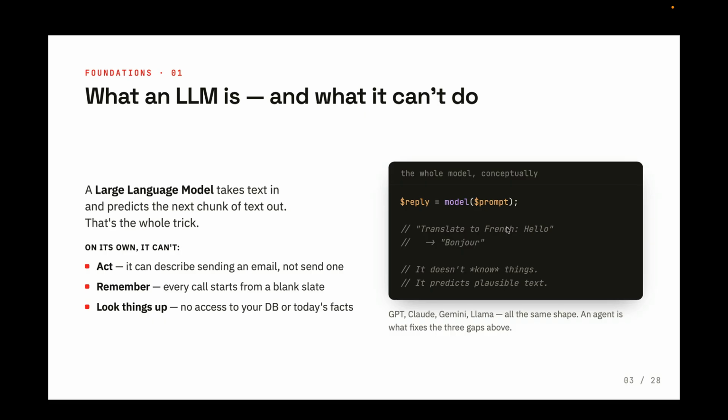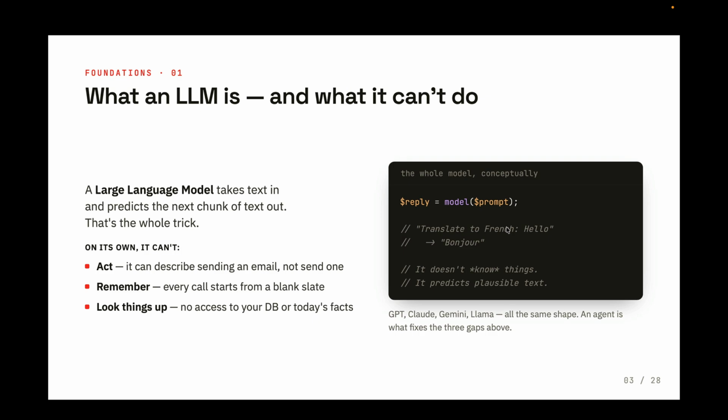It could remember calls, but it always starts from a blank slate, right? So it can't remember things. And then it has no access to your database or other types of data structures in your application. All it can do is take some text in and give you text out. So that is a limitation, but we have to be able to work around that limitation.